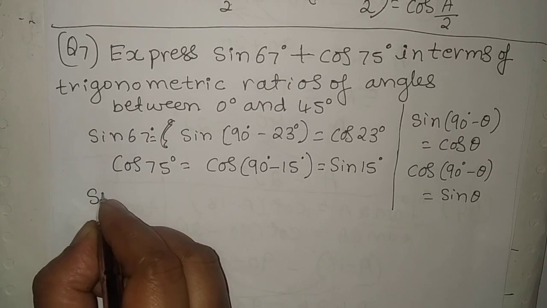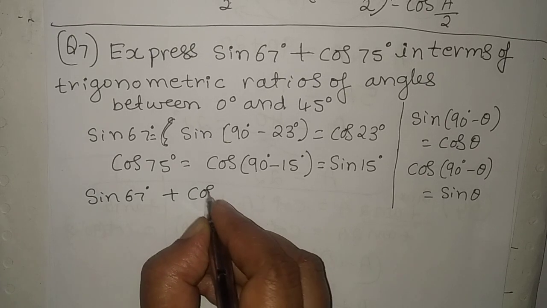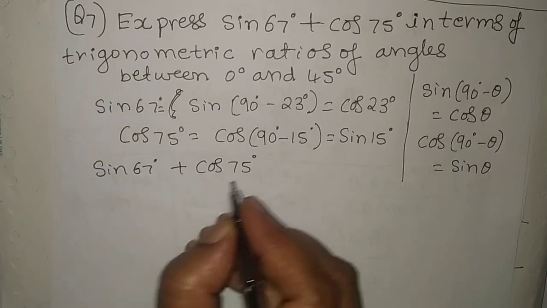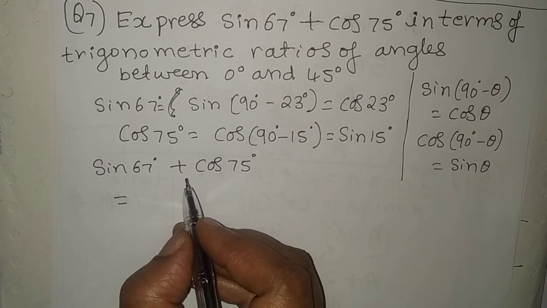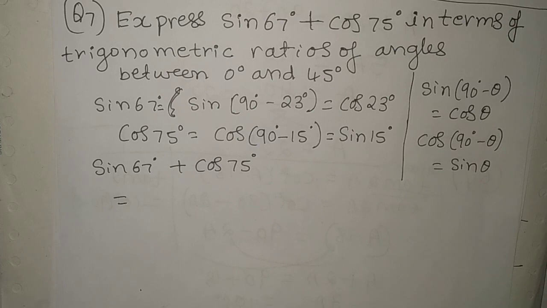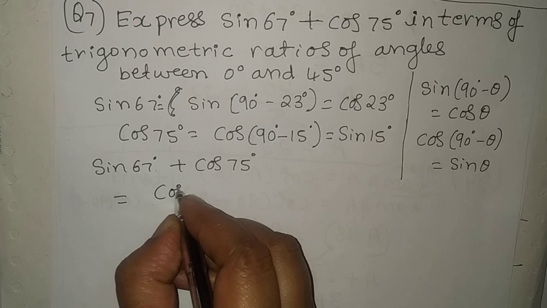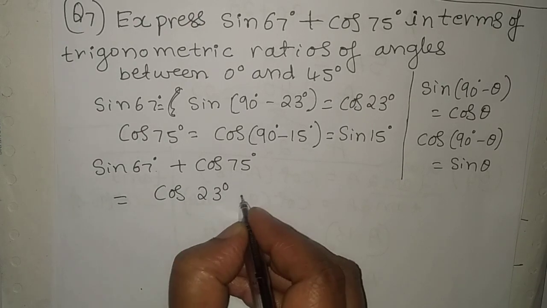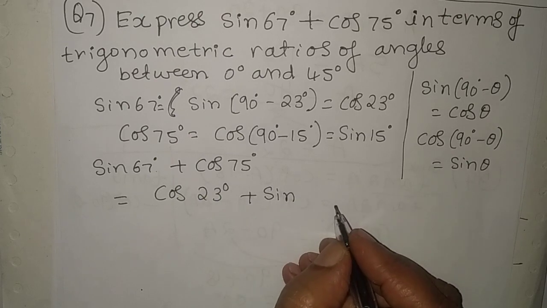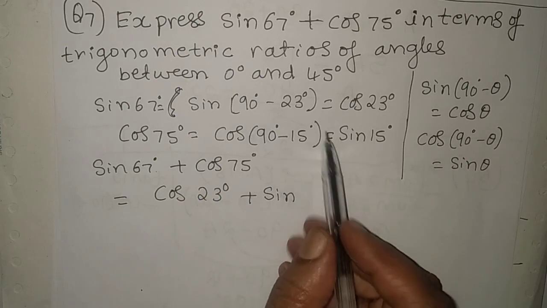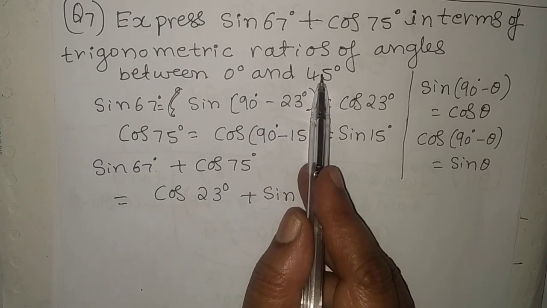Therefore sine 67 degrees plus cos 75 degrees is equal to cos 23 degrees plus sine 15 degrees. We have to write the angle in the form of 0 to 45 degrees.